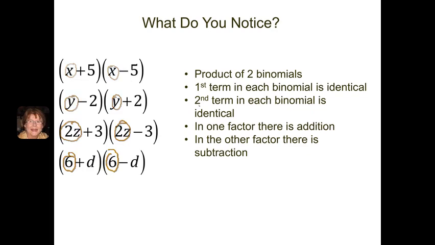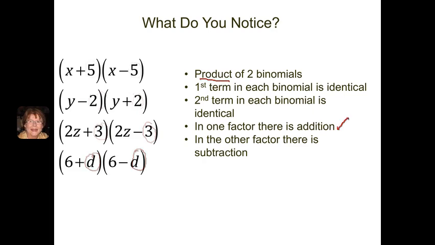Also, the second term in each binomial is identical. For example, here I have 5, 5, 2, 2, 3, 3, D, D. In one factor, and by the way, these are factors because we have the product, in one factor, there's an addition.